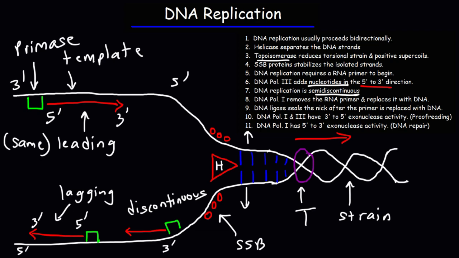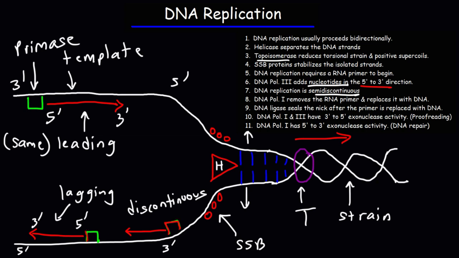Now, DNA polymerase I removes the RNA primer and replaces it with DNA. So after replication, when it's almost finished, this RNA primer gets removed. And so I'm going to replace that with a red color.